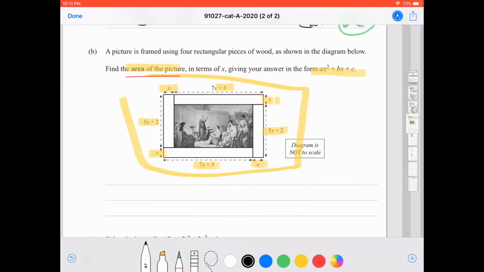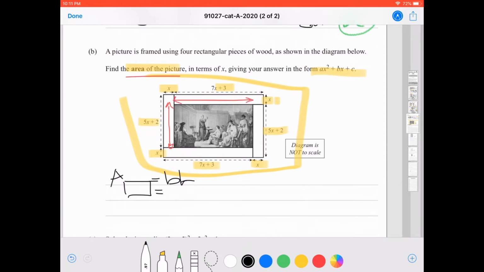Finding the area, the first thing we can say is the area of the picture, so it's a rectangle. First thing we can say is base times height, right? And then we have to decide what our base is and what our height is. It's these measurements.